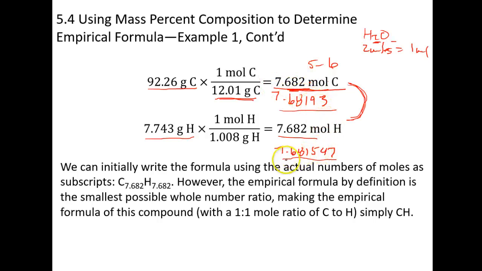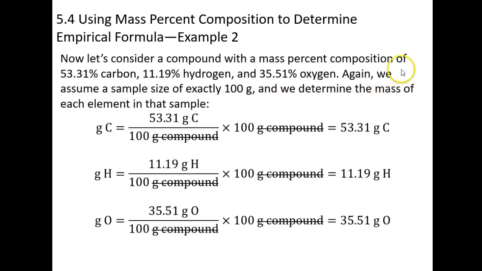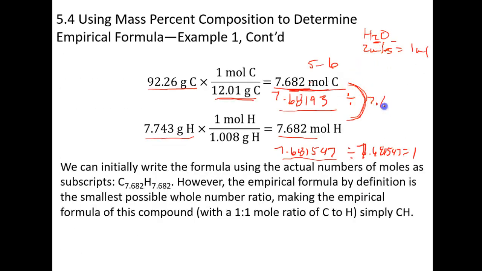In my case, the smallest number happens to be 7.281547. So divide by 7.281547, which equals 1. Divide this by 7.68193, and you also get 1.